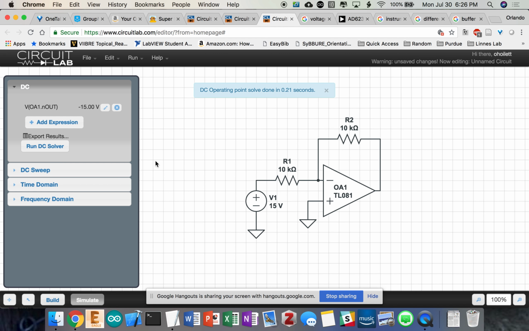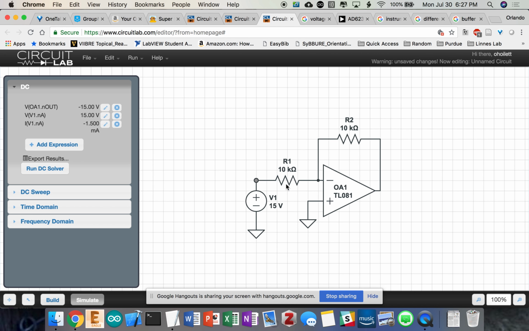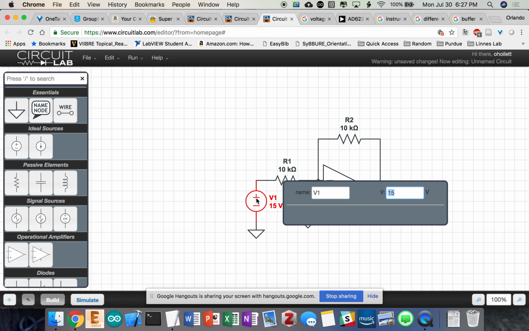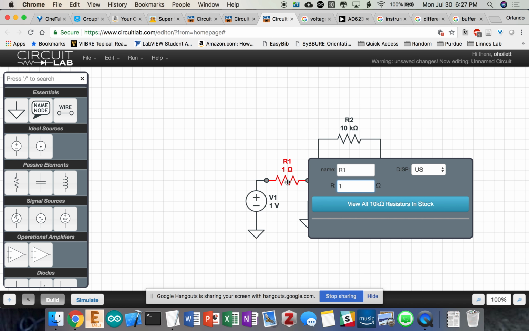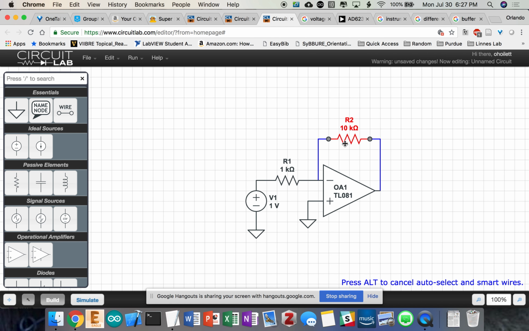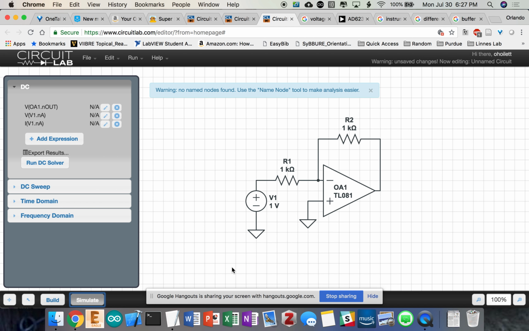And so the way it does that is, because you have a voltage source here and a resistance here, you're going to have a current flowing through this resistor. I'll change this back to 1. I'll actually change this to 1K to make the math easier. So going back to our amplifier rules, I know it's been a while and I probably didn't go into too much detail.